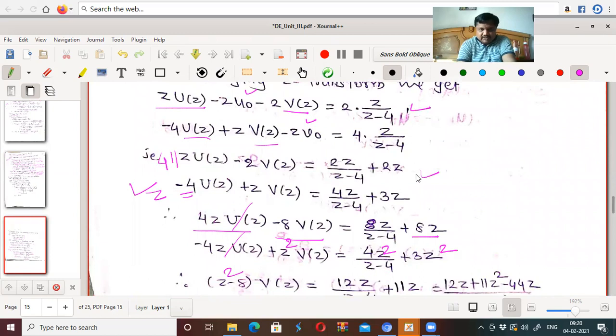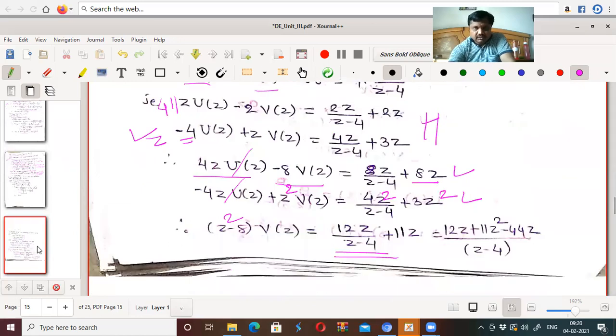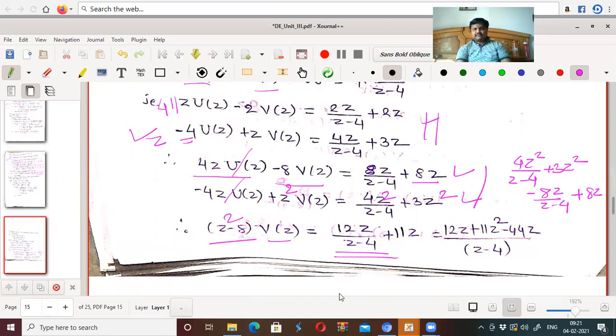Now, actually this should be correct, 8 and 3z square. 4z square upon z minus 4 plus 3z square. So you will get z square minus 8, right, into v of z equal to, now you have to take 4z square upon z minus 4, right, plus 3z square minus 8z upon z minus 4 and plus 8z, right?